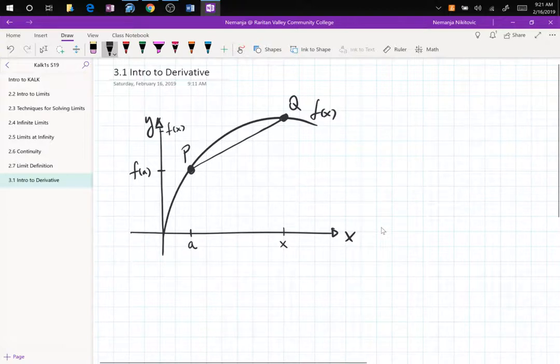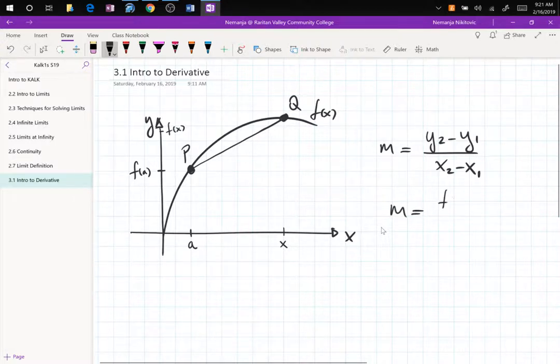So if you look at the slope of the line from P to Q, let's write the algebra formula, y2 minus y1 divided by x2 minus x1, which is what you know from your algebra course. But now if you look at the picture, since these are on the function, you can rewrite this as f of x minus f of a divided by x minus a.